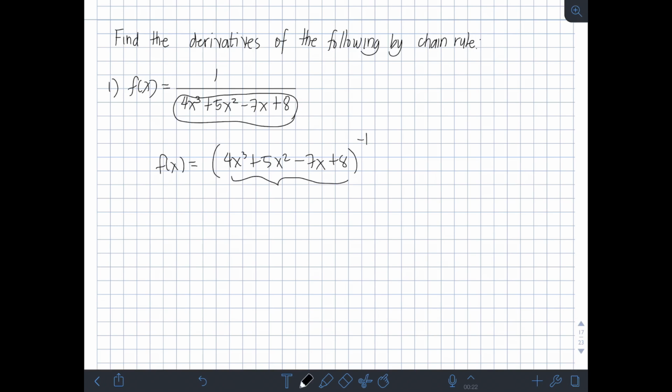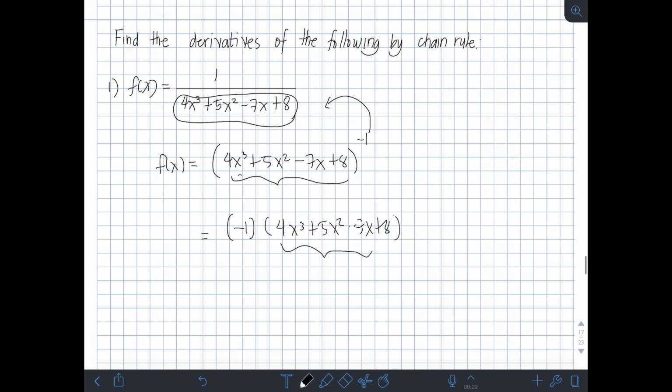So, whenever you have a function of x raised to an exponent, a quantity, always think that it's automatically the chain rule. Okay, so what you do, first apply the power formula. You bring down the negative 1, and then just copy the polynomial inside. So, 4x cubed plus 5x squared minus 7x plus 8.